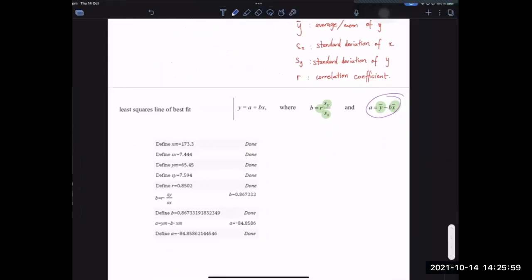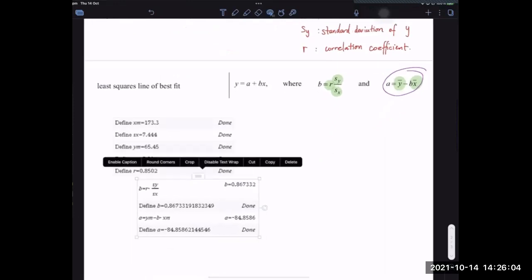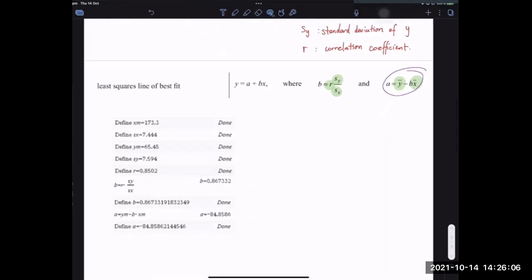Okay. Maths becomes more bearable when you just have the calculator doing all the heavy lifting. All you're concerned about is just trying to put it in to get your answer, okay?